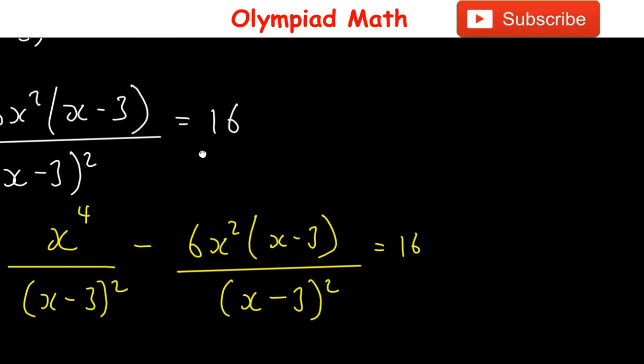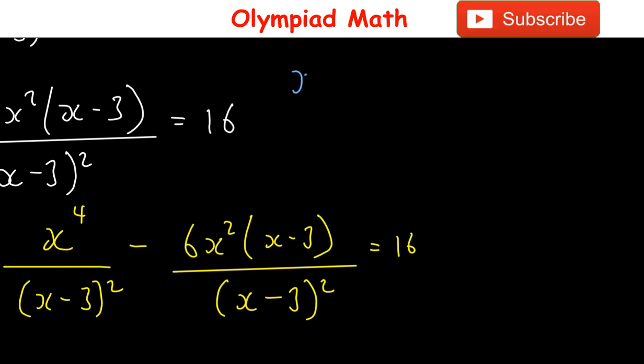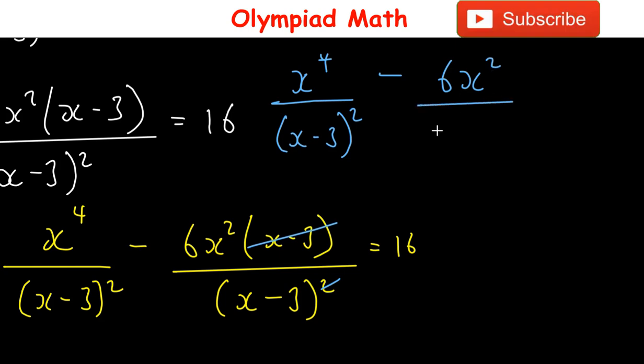So from here we have x raised to power 4 divided by in bracket x minus 3 all raised to power 2, then minus, we cancel this, we have minus 6x squared divided by in bracket x minus 3, and this equals 16.